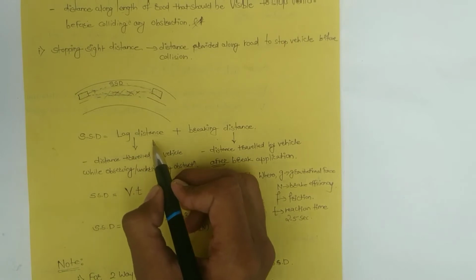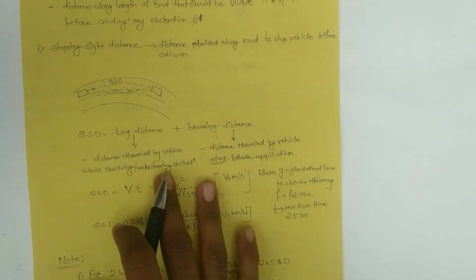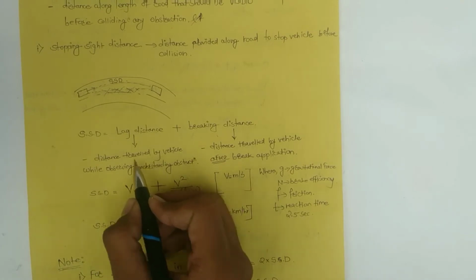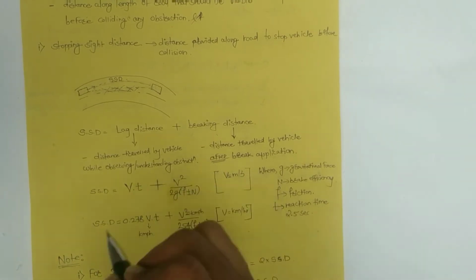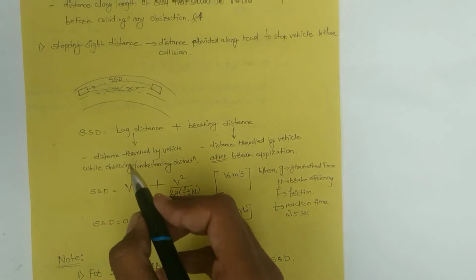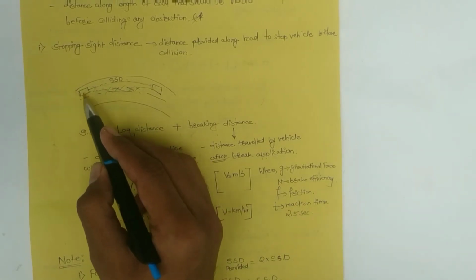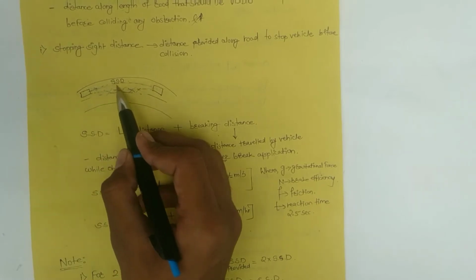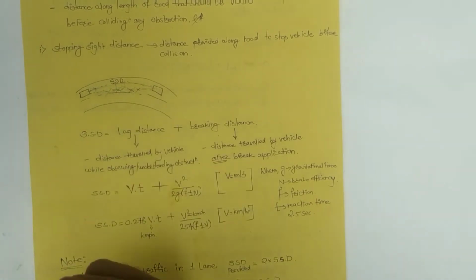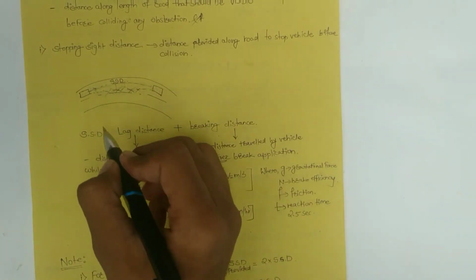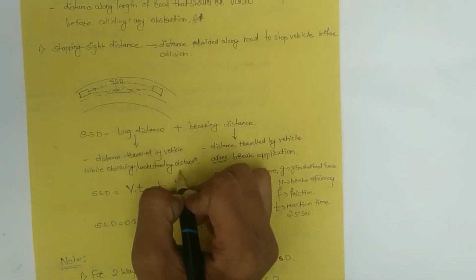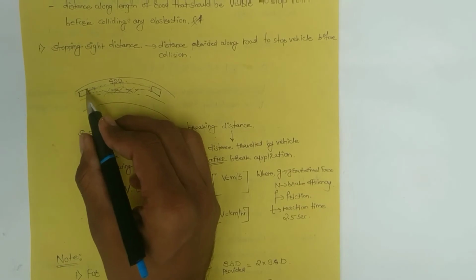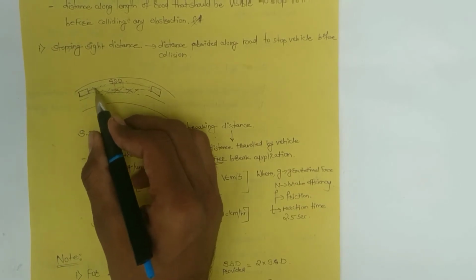It is lag distance plus braking distance. Lag distance is the distance traveled by the vehicle while observing the obstruction. When the driver is driving a car on the road, he will realize that there is some obstruction on the road. During the time taken by the driver to understand the obstruction, the vehicle will cover some distance.